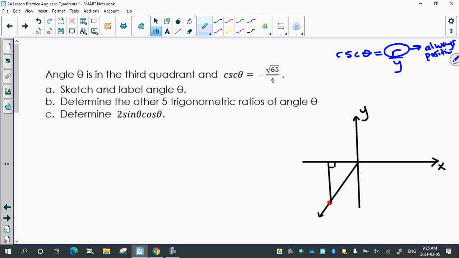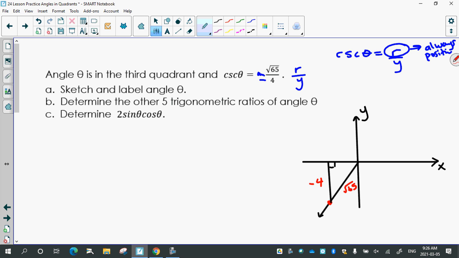Because now we know the negative sign has to go with the 4. So r is positive root 65, and y is negative 4, which makes sense with the diagram that y would be negative. Okay, r is always positive.